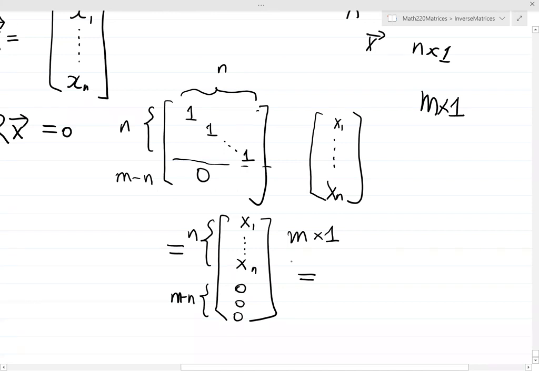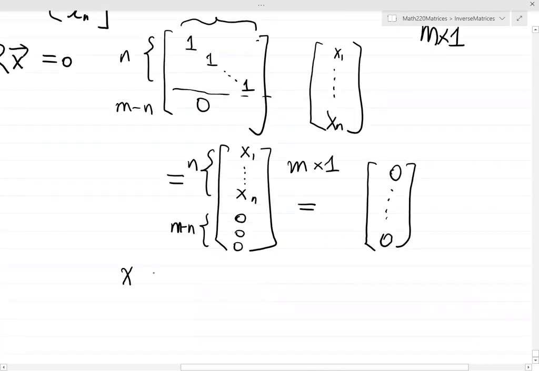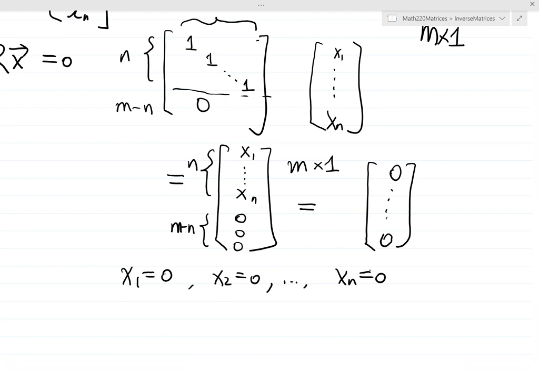If this is in the null space, this means everything should be 0. In particular, x1 is 0, the first component is 0, x2 is 0, dot dot dot, xn is 0. So this means the null space can only have the trivial zero vector solution.